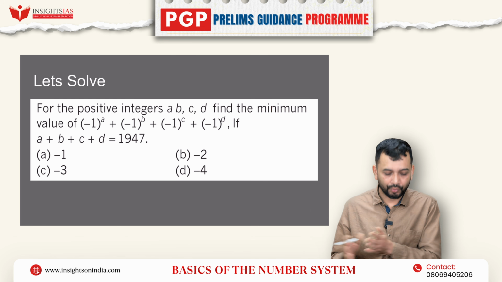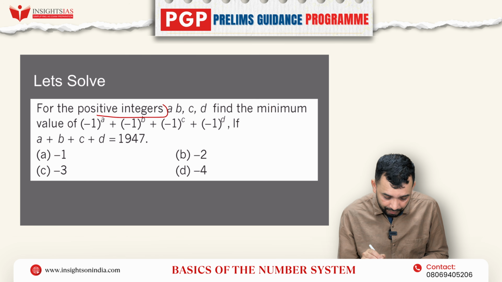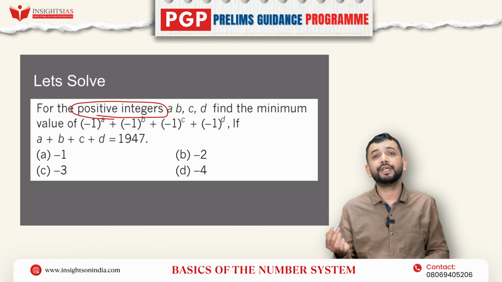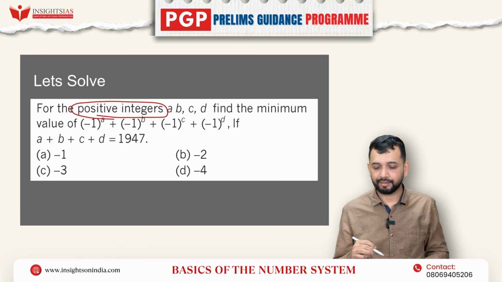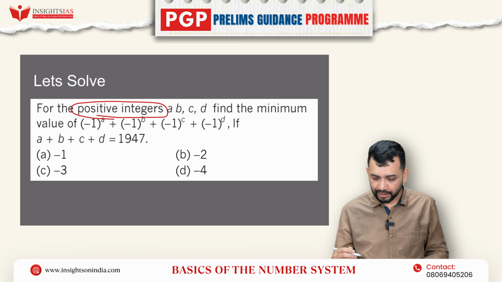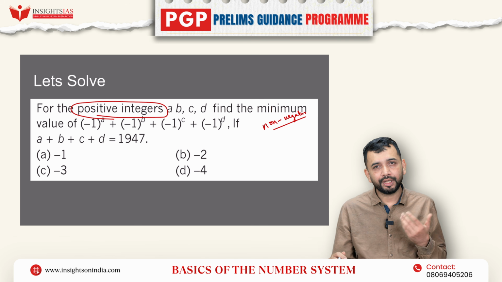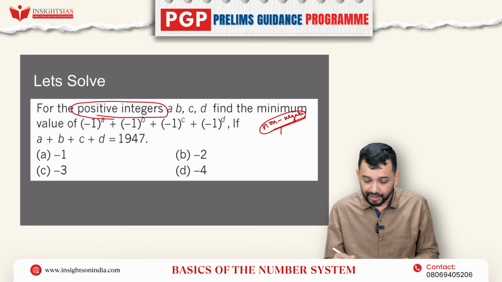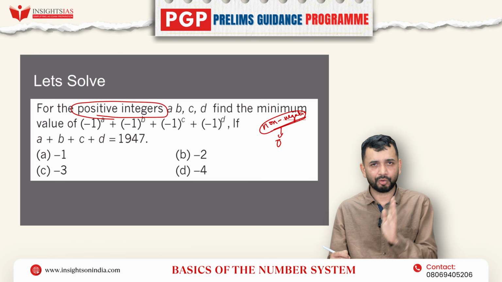Now, you don't know what these A, B, C, Ds are, all you know is that they are positive integers. First keyword is what? Positive integer. Positive integers are nothing but natural numbers, right? Sometimes in the examination hall, they give technical terms, for example, non-negative integers. What is the meaning of non-negative? They are not negative. That means you should keep in mind 0 should also be taken into consideration, because 0 is neither negative nor positive.